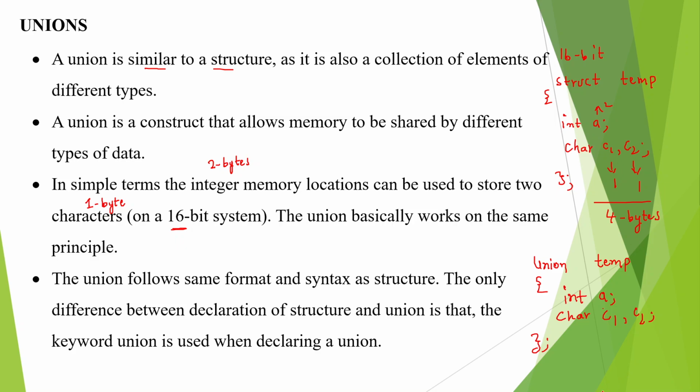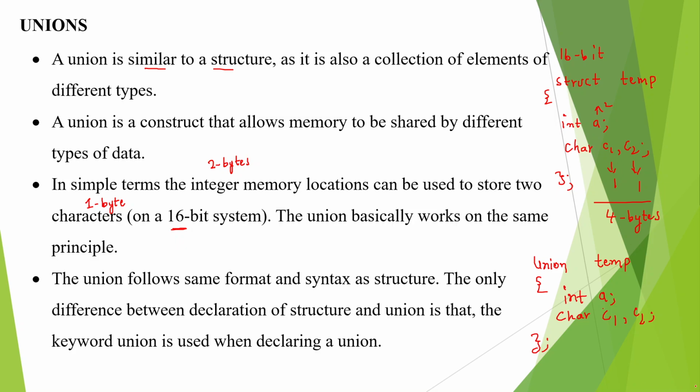Why will it consume only 2 bytes? Because when allocating memory, union will look for the maximum amount of memory required to store a particular data member, not the sum of memories.